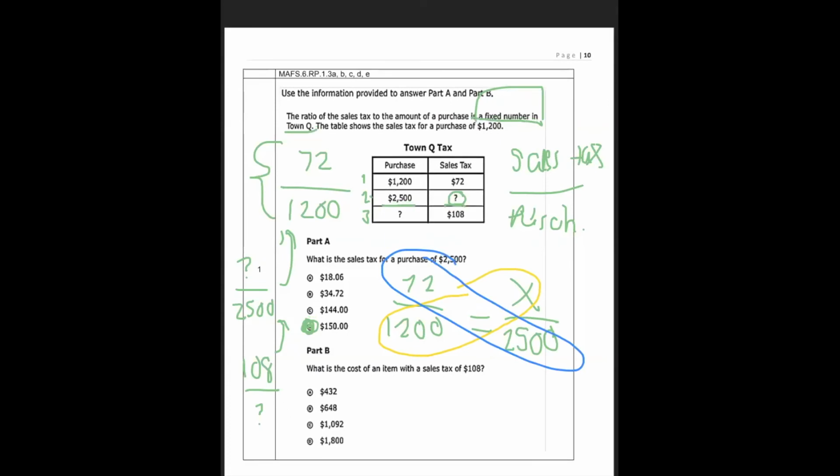So 1,200 times X is 1,200X, and then 72 times 2,500. This is the time where I would say pick up your calculator. Of course you can do that on the side, but the calculator will easily tell you the answer is 180,000.